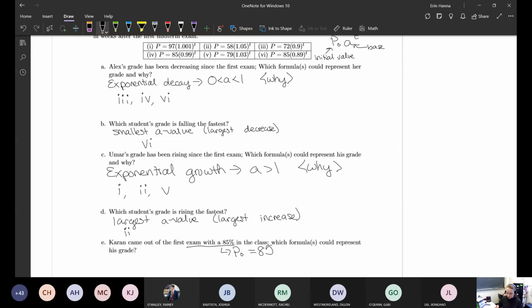Out of these options, the only options that have an initial value of 85 are option 4 and option 6. So options for his grade would be either option 4 or option 6. Questions, concerns on any part of that question?